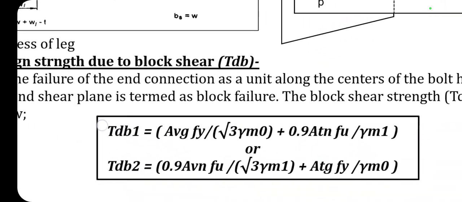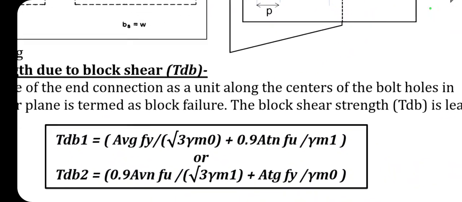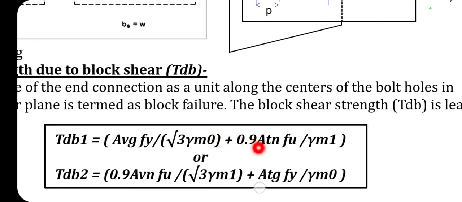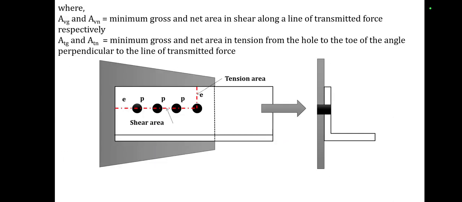TDB1 equals Avg into Fy upon root 3 gamma m0, plus 0.9 Atn into Fu divided by gamma m1, and TDB2 equals 0.9 Avn into Fu divided by root 3 gamma m1, plus Atg into Fy divided by gamma m0, where Avg and Avn are the minimum gross and net area in shear along the line of transmitted force respectively.